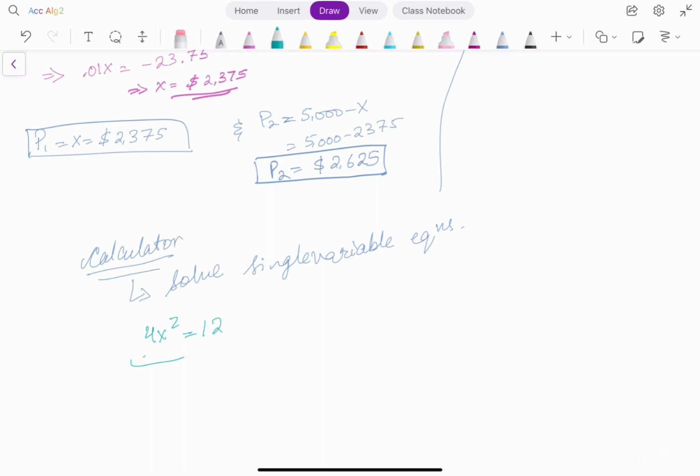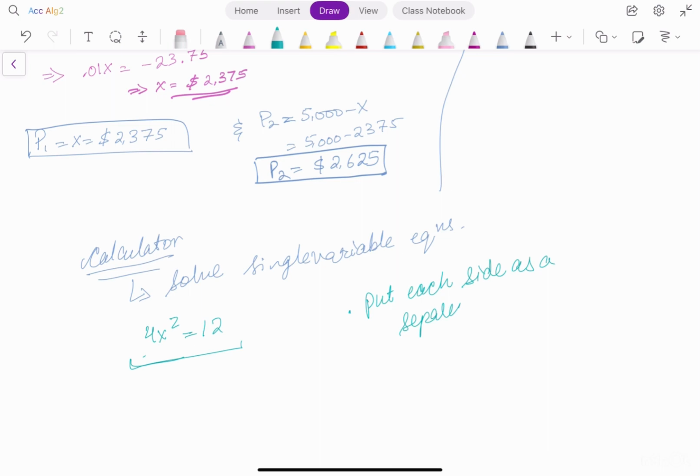y1 is equal to 4x squared and y2 will be equal to 12. This is very, very important. You should make yourself familiar with how to use the calculator.